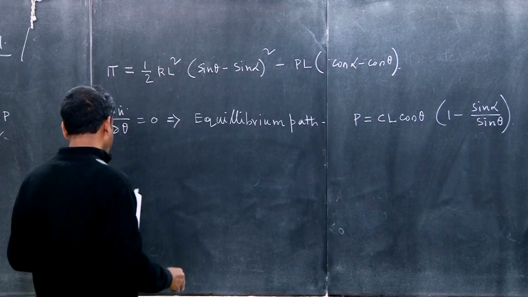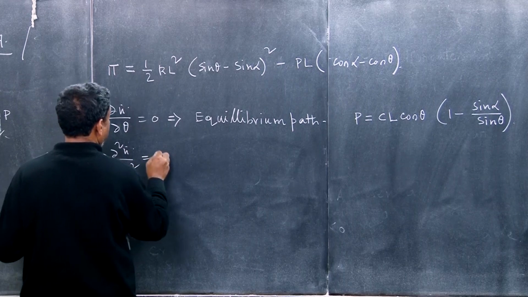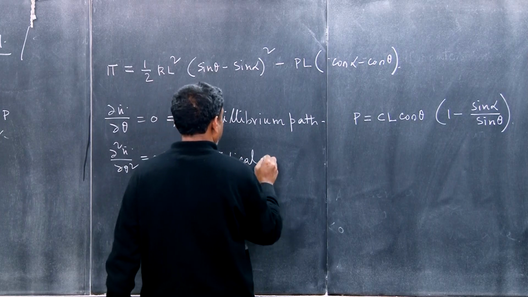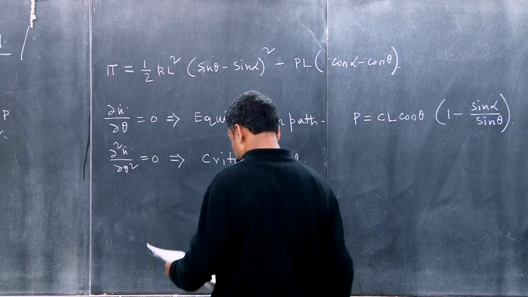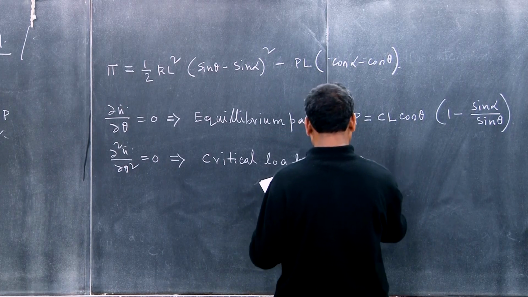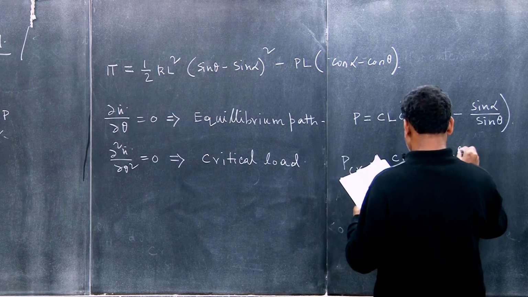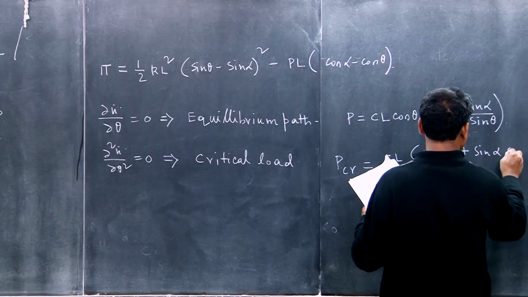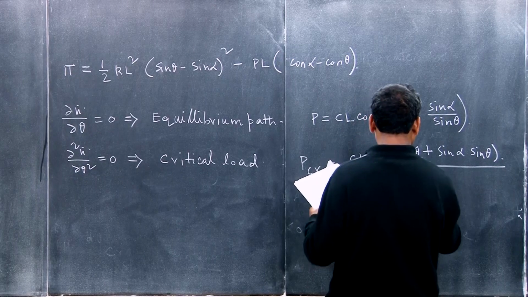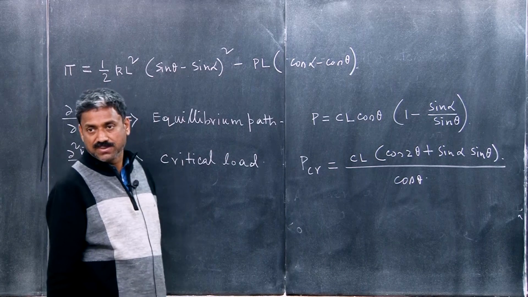And for the critical load, from del 2 pi del theta 2, that is the critical load value of P. If you write it, P critical will be K L, cosine of 2 theta plus sine alpha sine theta, divided by cosine of theta. If you substitute alpha equal to 0, then it will mimic the perfect system.